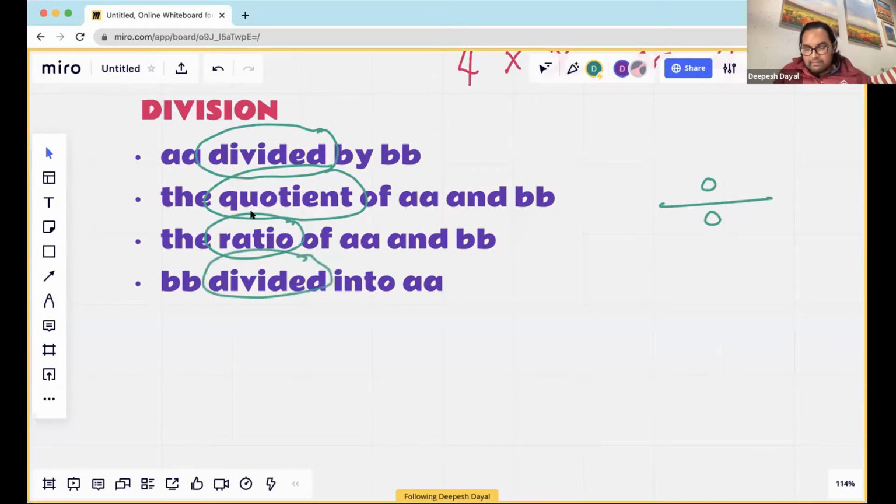These are the common words that we use to describe division, right? So we say A divided by B, or we can say the ratio of A and B.